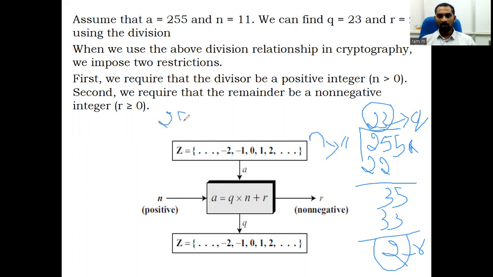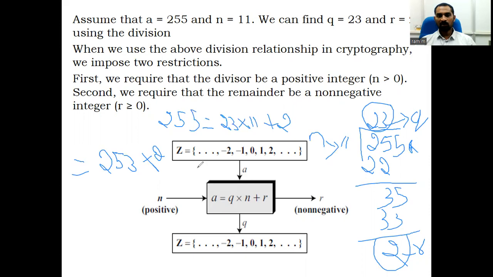So if you observe here, I can represent 255 is equal to q into n. That is, q is what here? 23 into 11 plus remainder, which is 2. So 23 into 11 will be 253, and the value we are going to add is plus 2, which is equal to 255.